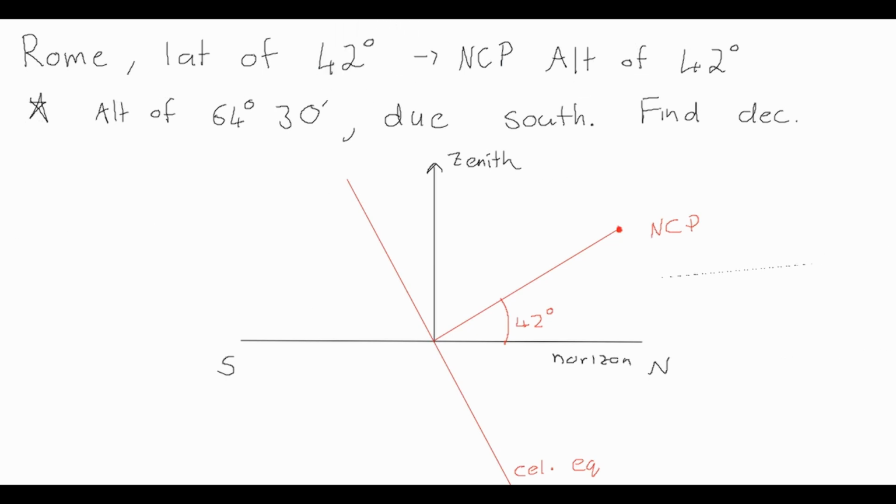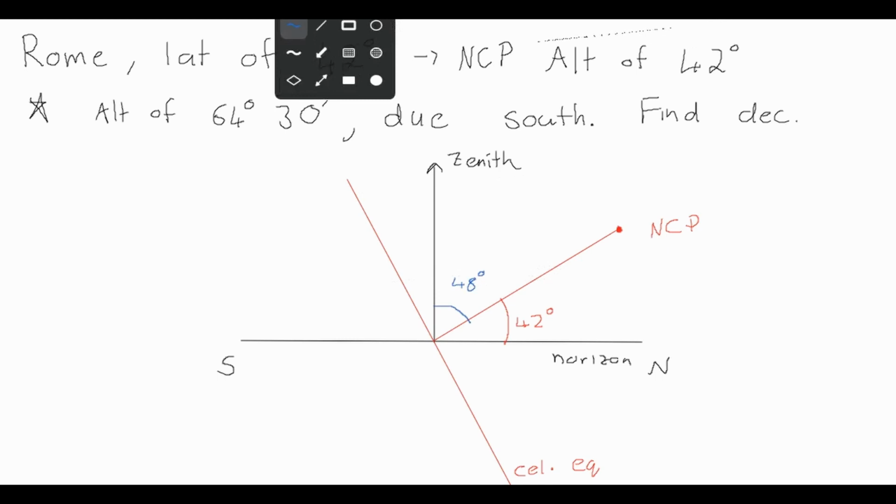Let's do some simple geometry before we put the star on. So we know that the angle between the north celestial pole and the zenith, that's this angle here, is just 90 minus 42, because the zenith is at 90 degrees to our horizon, so we just take 42 degrees away from 90. So 90 minus 42 is 48.